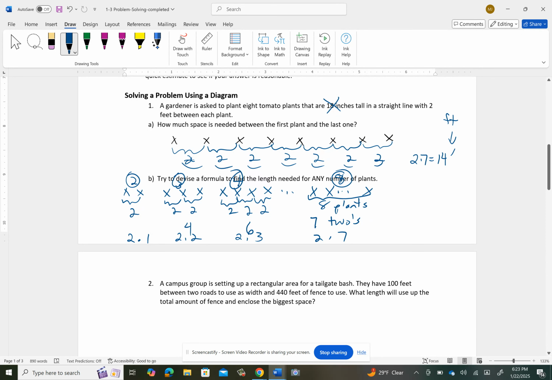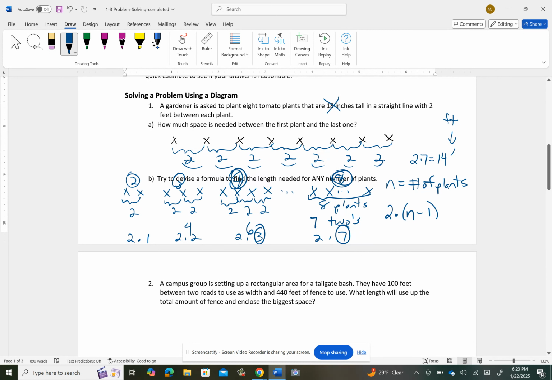So it looks like if n were the number of plants, that symbol means number, then we would need 2 times 1 less than that. Because when there were 8 plants, we did 2 times 7. When there were 4 plants, it would be 2 times 3.